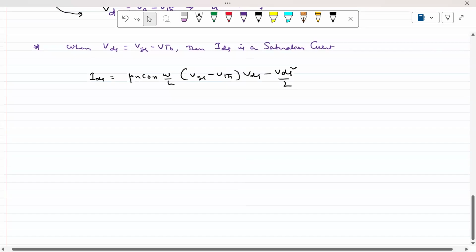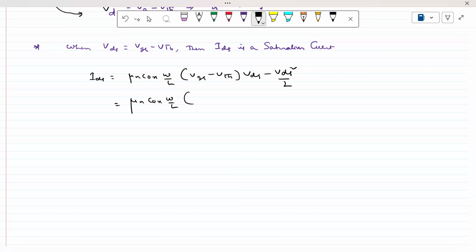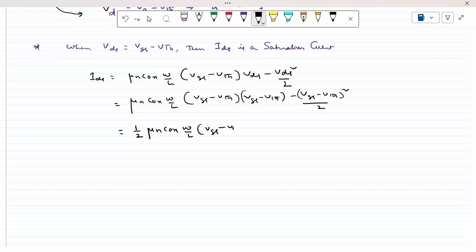In place of VDS we substitute VGS minus VTH: it becomes (VGS minus VTH) minus (VGS minus VTH) whole square divided by 2. Therefore, it is simply 1/2 mu n Cox W by L into (VGS minus VTH) whole square.